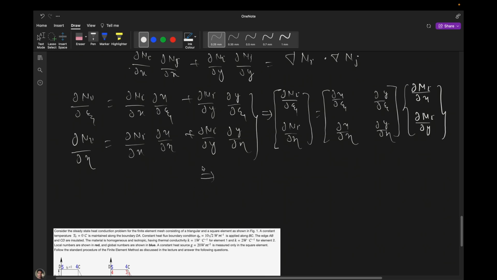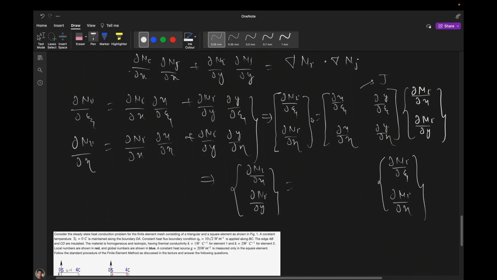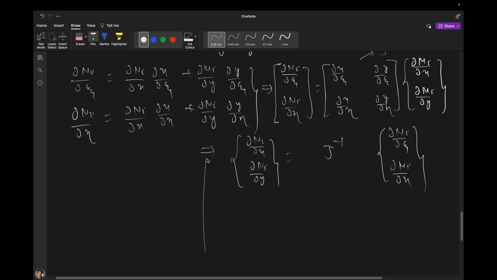But what we want is to write this into this form, which means what I want is del n_i by del x, del n_i by del y. When you do that, as we already talked about, this is the Jacobian, and this is nothing but the Jacobian inverse. Okay. Now we arrived at what we want.